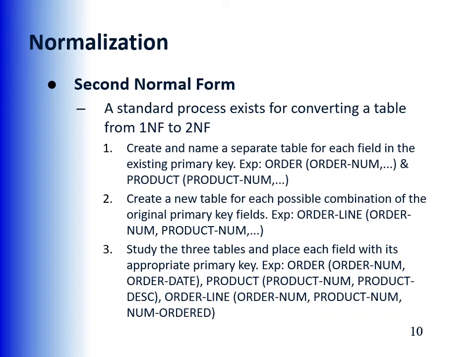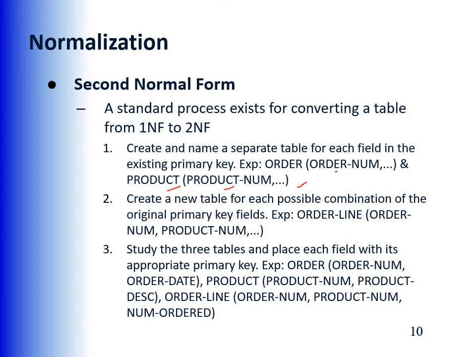A standard process exists for this. Number 1 is to create and name a separate table for each field in the existing primary key. For example, order number with the order number primary key, and product with the product number as primary key.